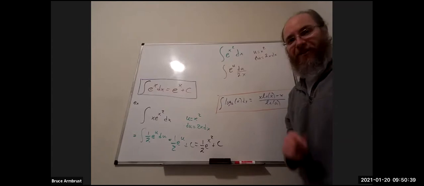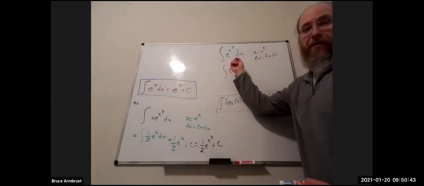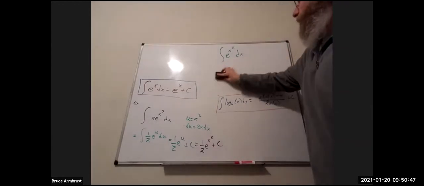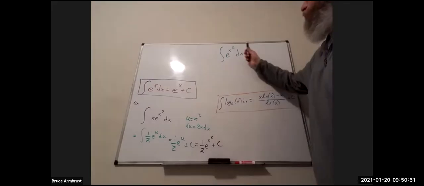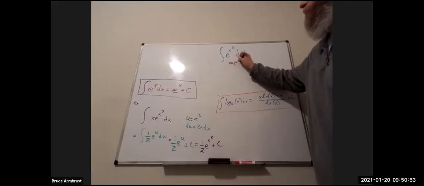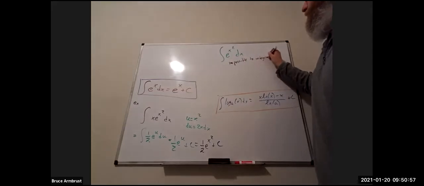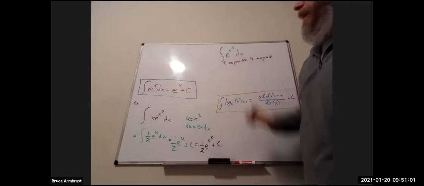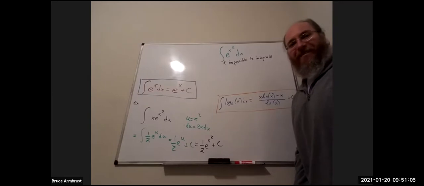In fact, it's a little fun fact for you. This integral right here, the integral of e to the x squared dx, it's actually impossible. And I'm not using impossible as hyperbole, right?